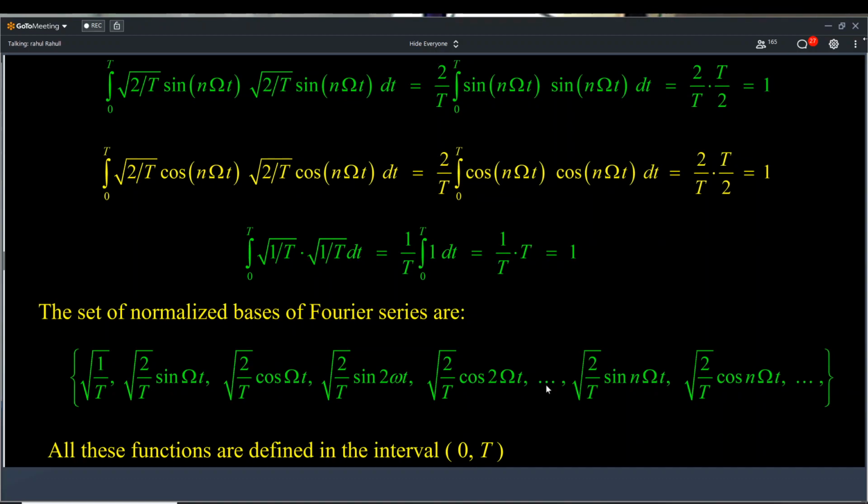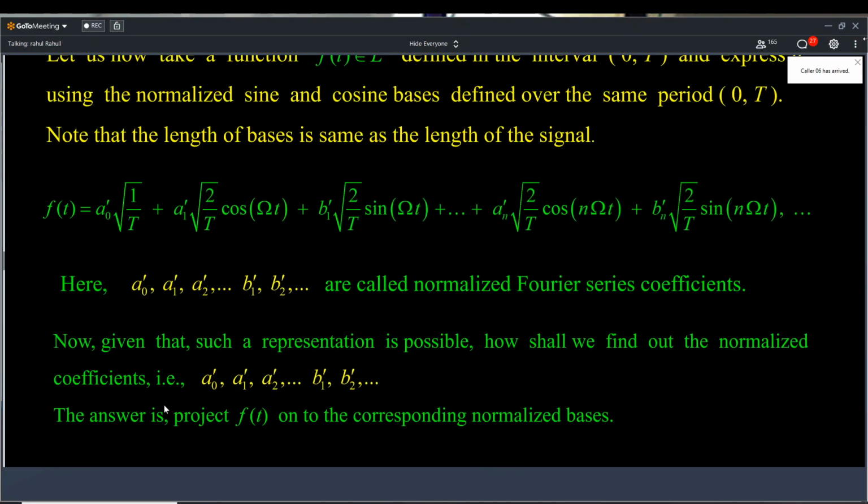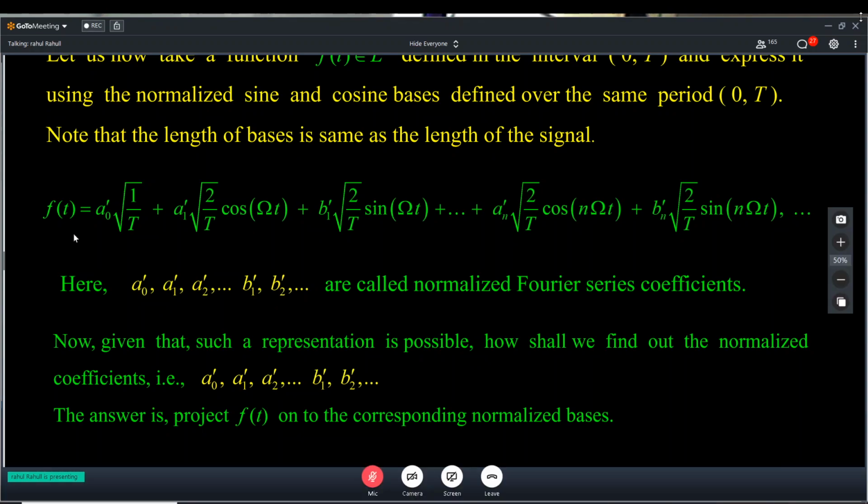Now we are representing the Fourier series by using this normalized basis function: f(t) is equal to a0 dash under root of 1 by T plus a1 dash under root of 2 by T cosine of omega t, and so on.